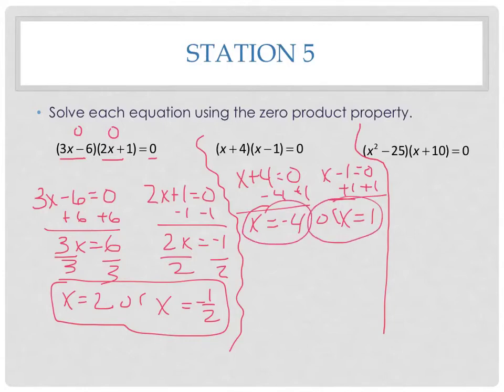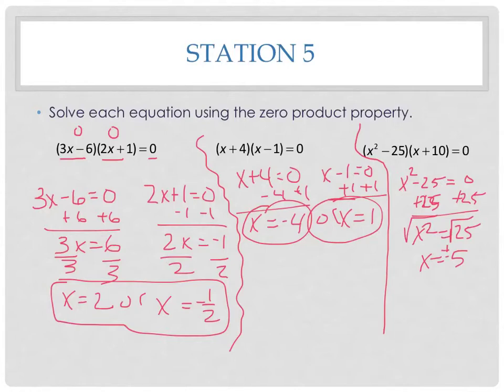In the last one, we have x squared minus 25 could equal 0, in which case I'll add 25 to both sides. So x squared would equal 25. Take the square root of both sides. X could equal 5, or negative 5, plus or minus.